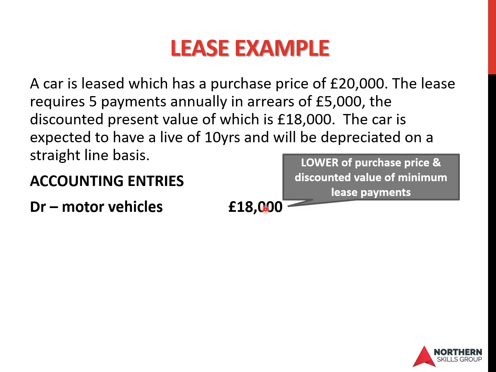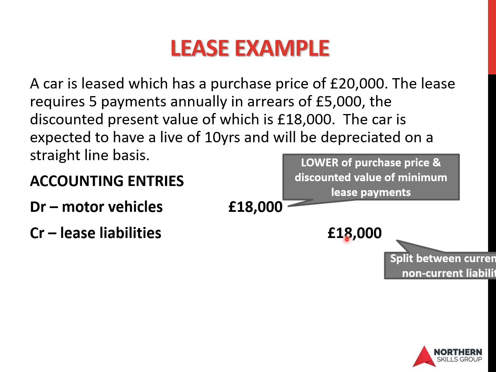So that's what will be debited to motor vehicles. There'll then be a corresponding lease liability, and in the accounts that will be split between current and non-current liabilities, depending on how much of the capital amount is going to be repaid in the next 12 months.